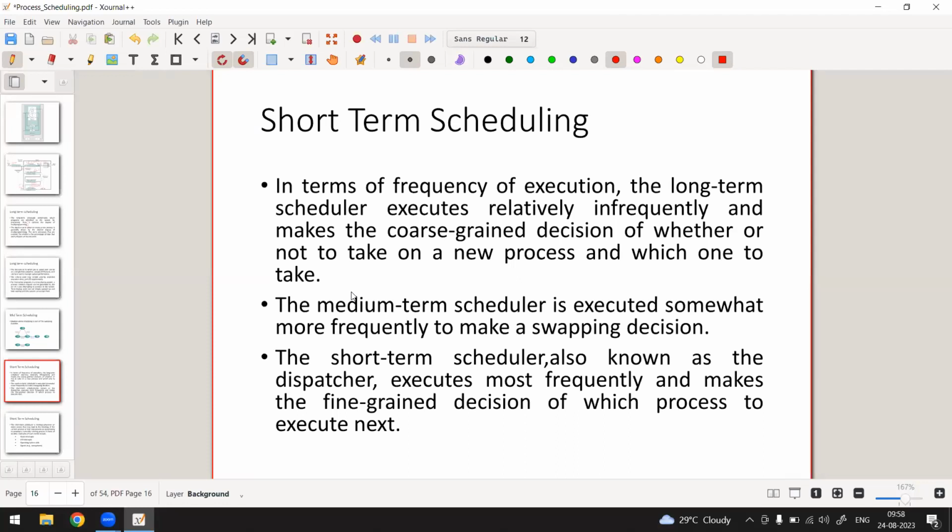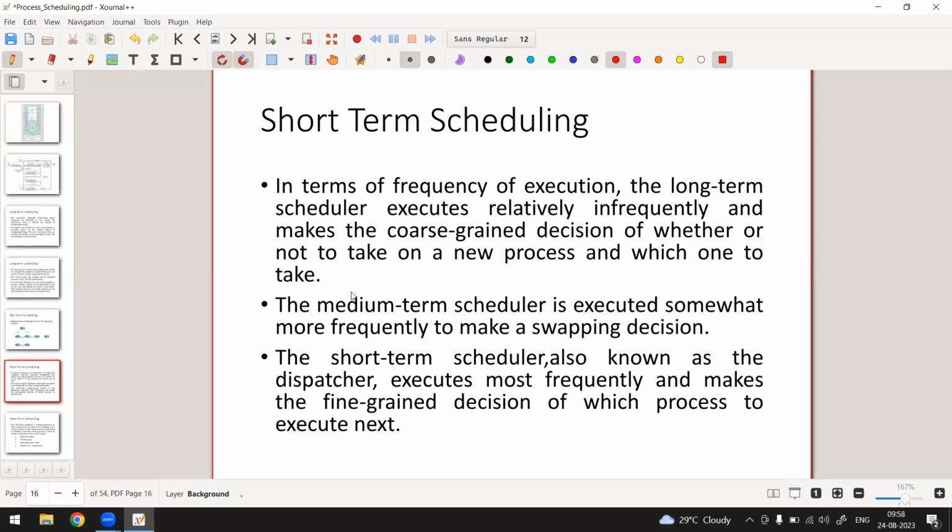The midterm scheduler is taking a swapping decision. The short-term scheduler is short-term in nature.